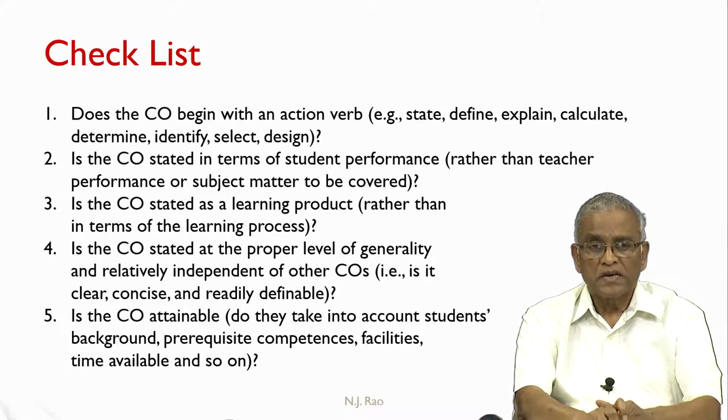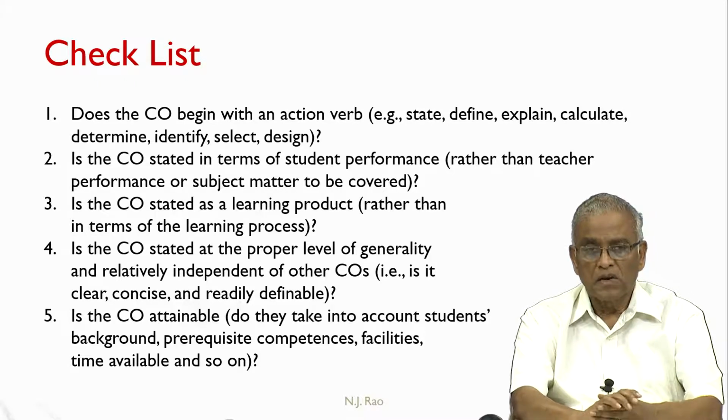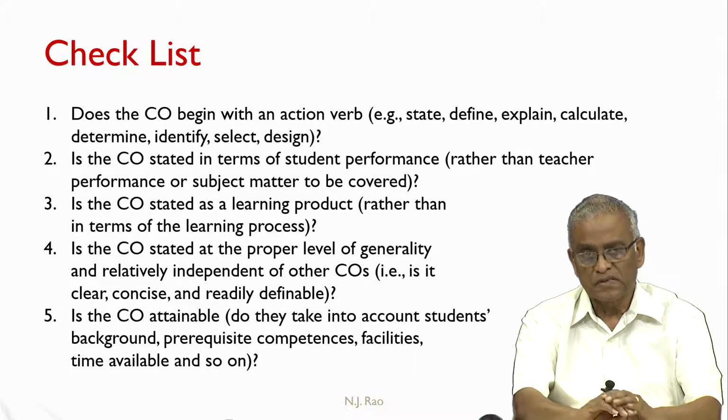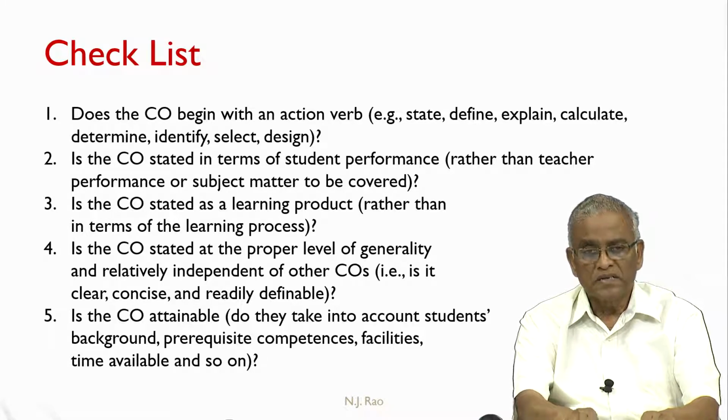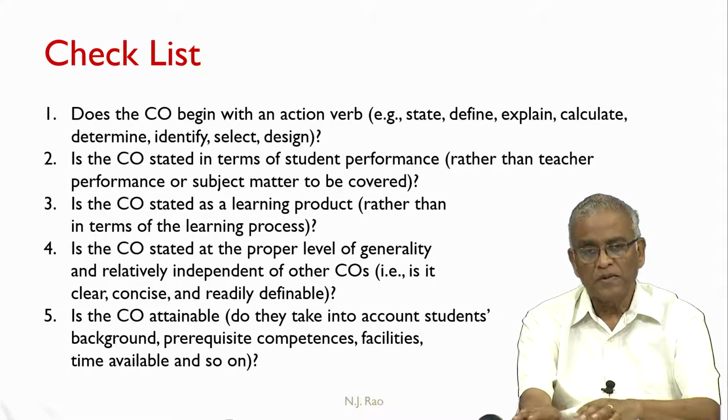Is the CO stated as a learning product rather than in terms of learning process? This is a common mistake one makes, and many times teachers write first the process and then sometimes the product. Sometimes you may miss the product. That is, you should use these principles, that becomes process.